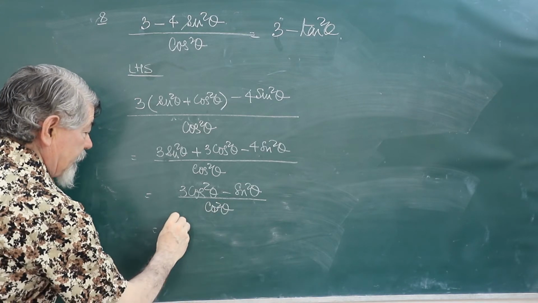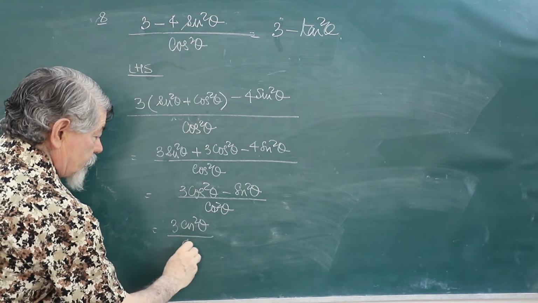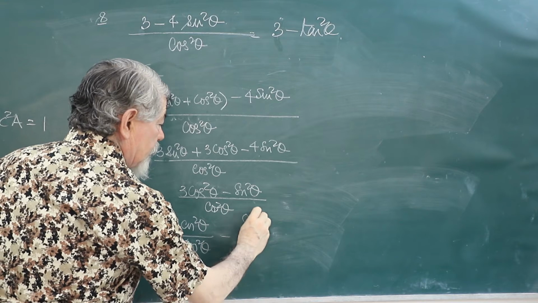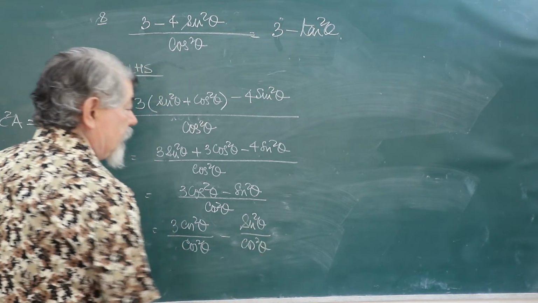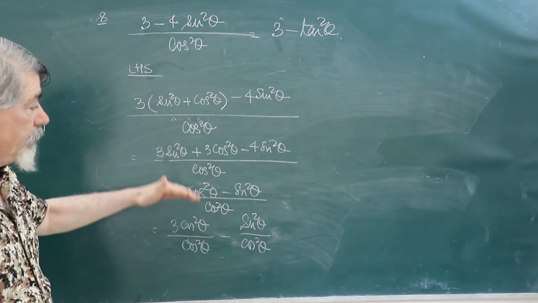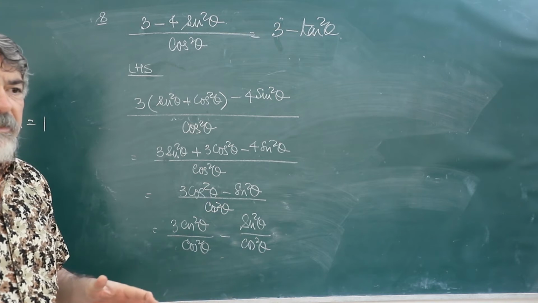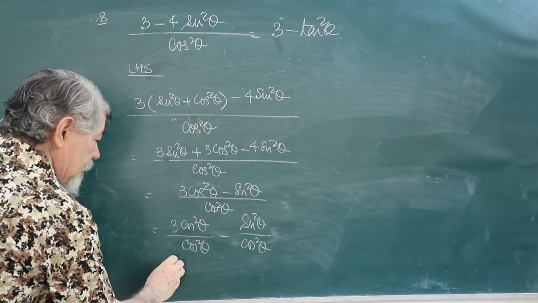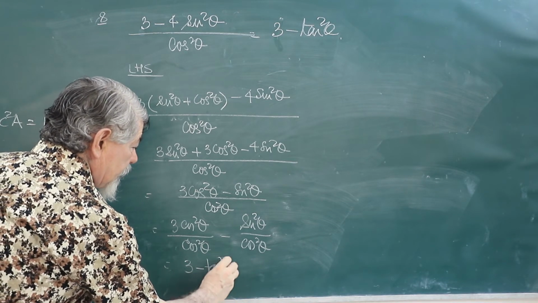Now if I write it like that, 3 cos square theta upon cos square theta minus sin square theta upon cos square theta. I am dividing both portions of the numerator by cos square theta separately. Now this will be 3 and this will be minus tan square theta.